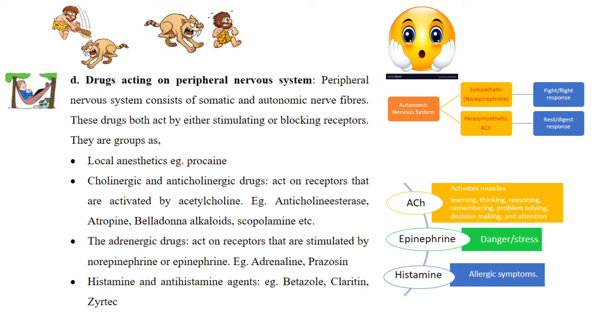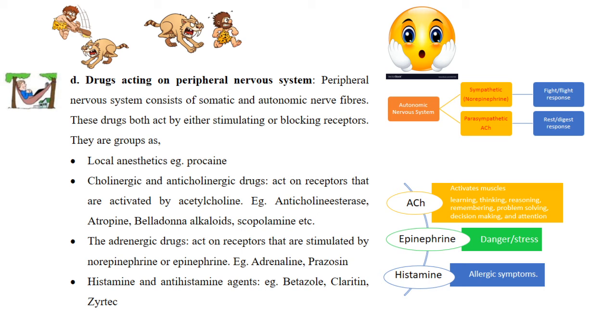Okay, and the next one is histamine and antihistamine agents. Histamine, we already know, is secreted by basophils of our white blood cells in response to foreign infections. If histamine secretion is high, that is hypersensitivity towards foreign substances, mainly foreign proteins.